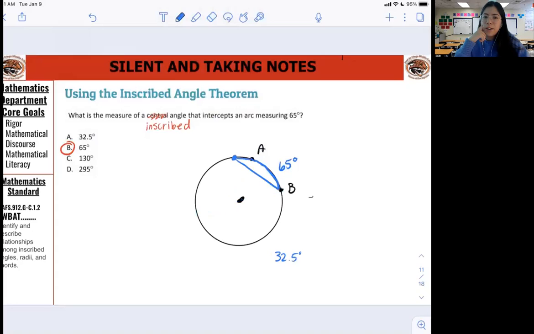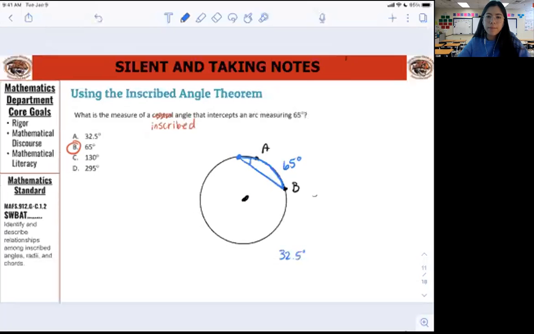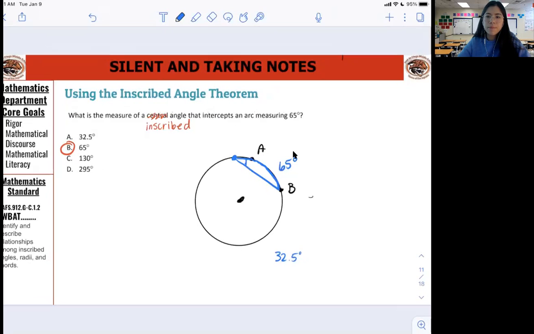Would it still be 32.5 degrees? No? Why not? Does it have to go through the center? Think about it.